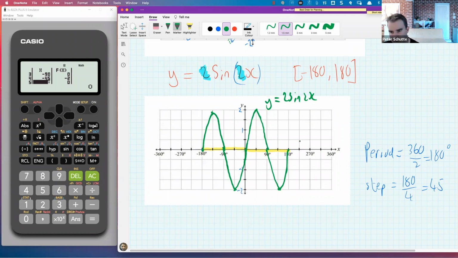So what I'm seeing with this graph is that the period has been halved. So within the 360 degrees, you get 2 complete cycles of the sine wave, but it's also been stretched vertically. The amplitude is now bigger. And so if I asked you a question about the range of the graph, 2 is the highest value, and the lowest value is -2. So it's been stretched vertically and compressed horizontally.